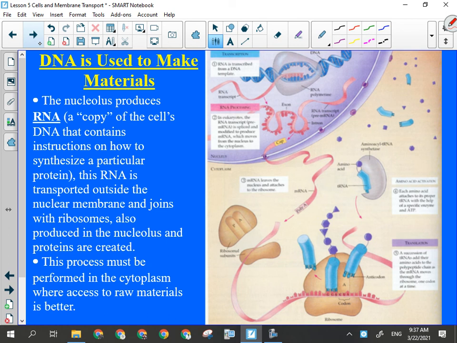The nucleolus produces RNA, which is a copy of the cell's DNA that contains instructions on how to synthesize a protein. That RNA is transported outside the nuclear membrane and joins with ribosomes that are also produced there, and proteins are created. That has to be performed in the cytoplasm because that's where all the raw materials are.